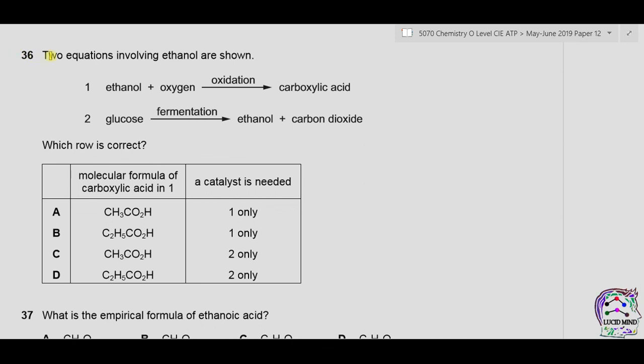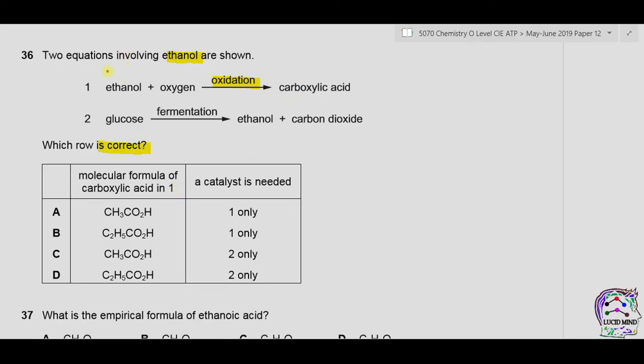Question 36. Two equations involving ethanol are shown. In the first one we have ethanol plus oxygen, and oxidation takes place to form a carboxylic acid. In the second we have glucose, whose fermentation forms ethanol and carbon dioxide. Which row is correct? Let's find the molecular formula of the carboxylic acid in part 1.